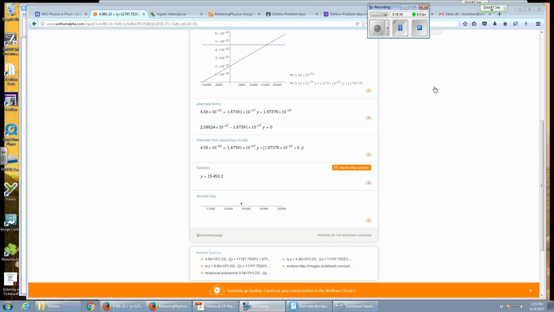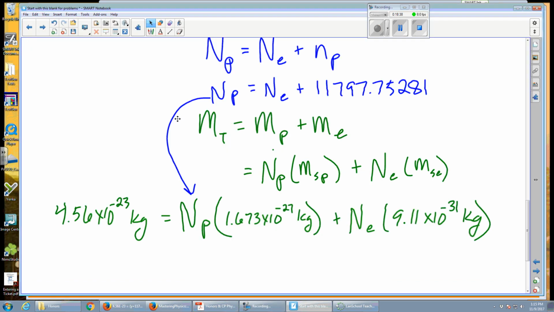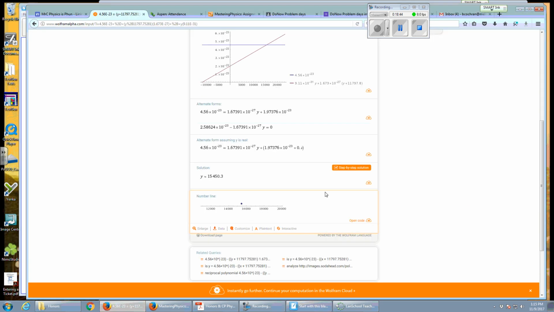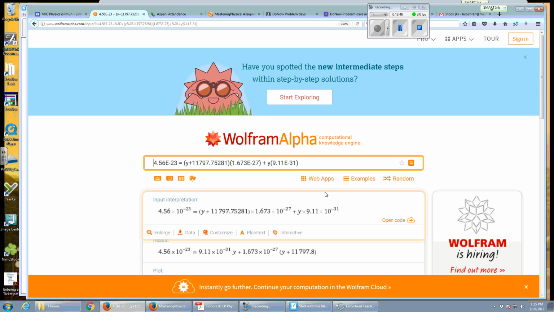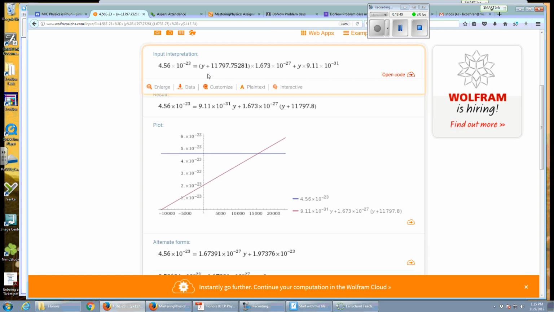What I did is, rather than put the two equations in, I put in my summary. I put in this and solved it. I did my substitution. So back here, I substituted in here for the number of protons.